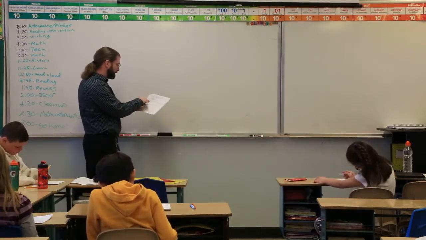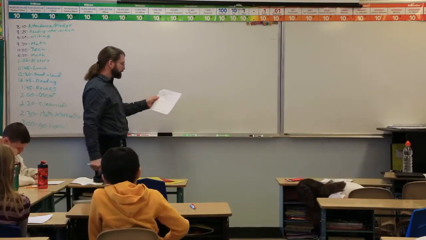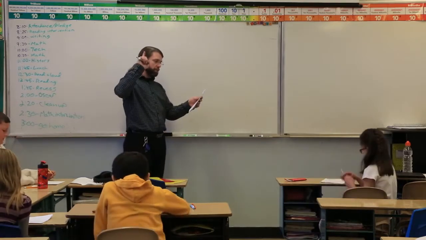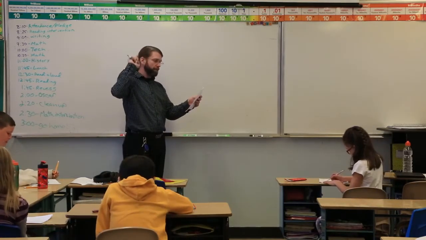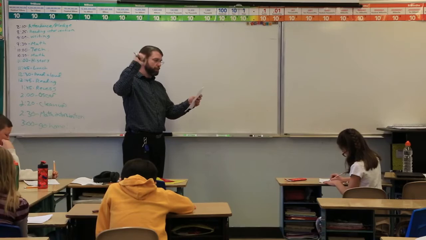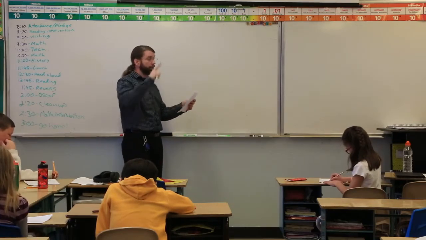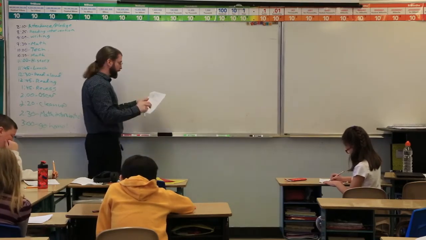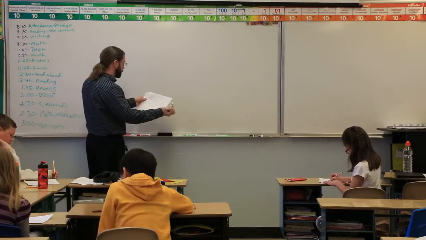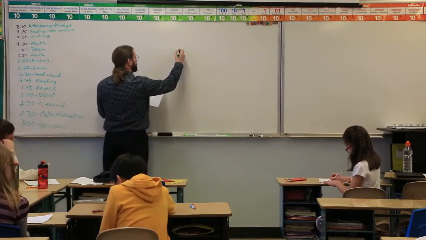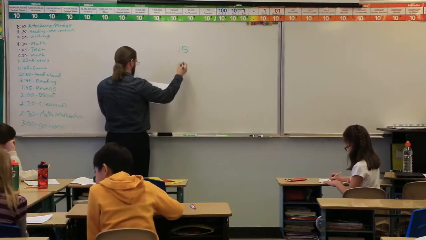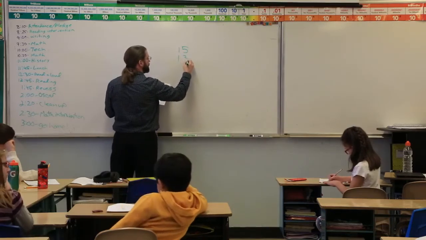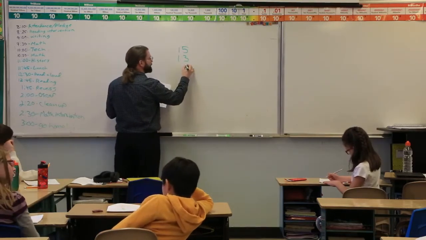Betsy is 1 adult, Grandma is 1 senior, and Ray and Anna are children. So you have an adult, a senior, and 2 child tickets. You just take the prices from the table: an adult ticket is $15, a senior ticket is $13, and a child ticket is $9.